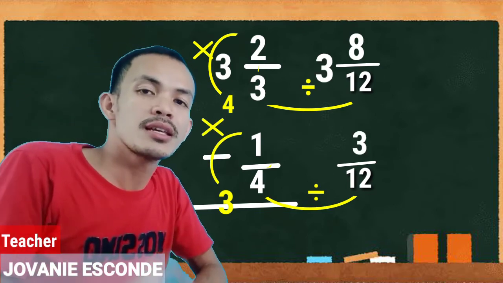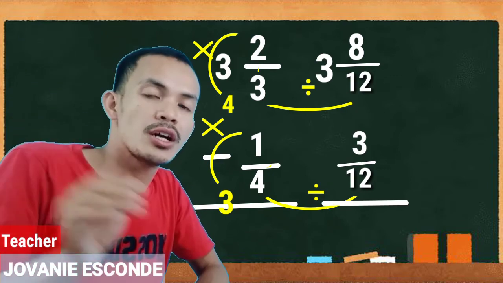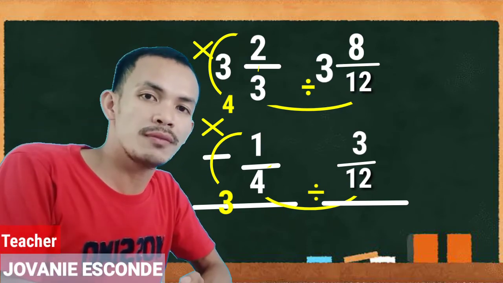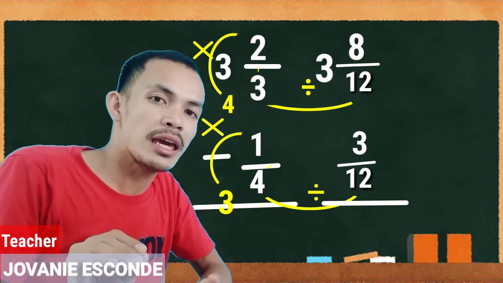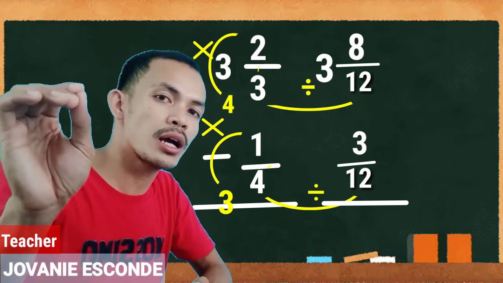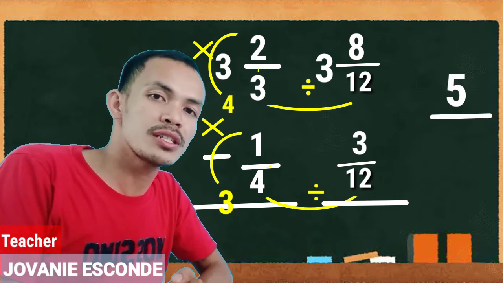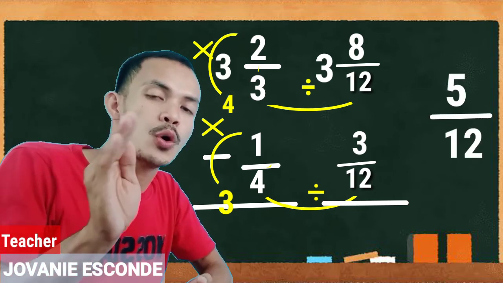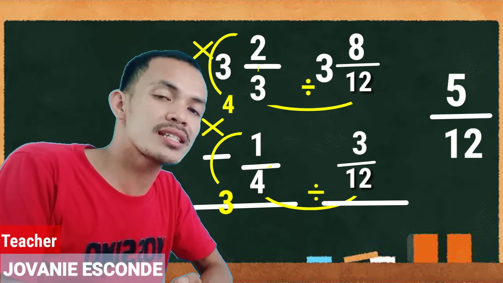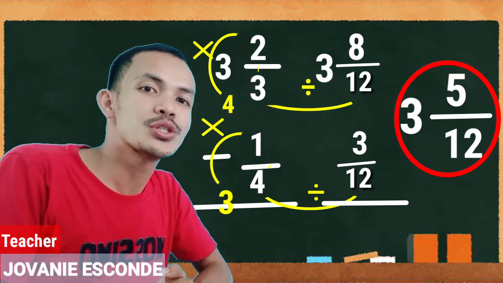Our new fractions here is 3 and 8 over 12 minus 3 over 12. So 3 and 8 over 12 minus 3 over 12 is 3 and 5 over 12. Because you are going to subtract 8 minus 3 is 5. Copy the common denominator, which is 12. So 5 over 12. And then bring down the whole number, which is 3. So your final answer is 3 and 5 over 12.